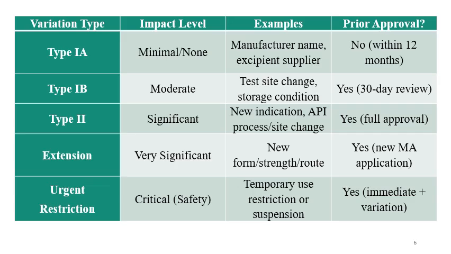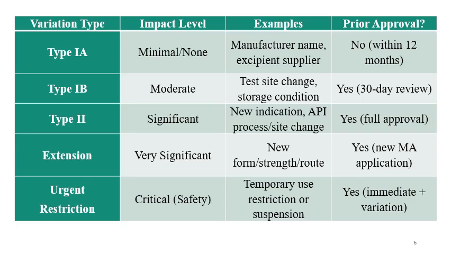Once again, this is a comparative evaluation of the similarities and differences of type 1A, type 1B, type 2, extension and restriction variation types. Type 1A is minimal, with no impact. Examples are manufacturer name change and excipient supplier change, and prior approval is not required, but it is required to be notified within 12 months.